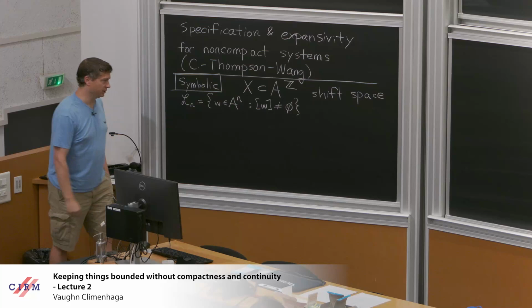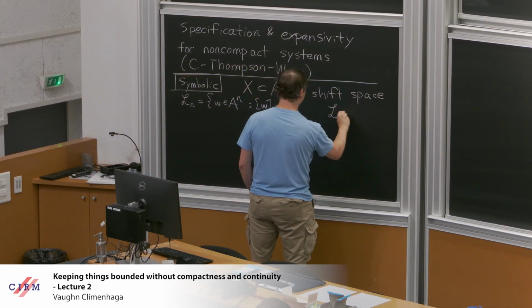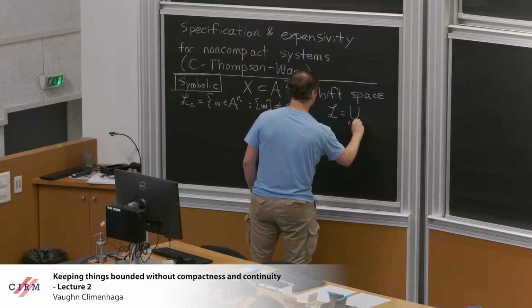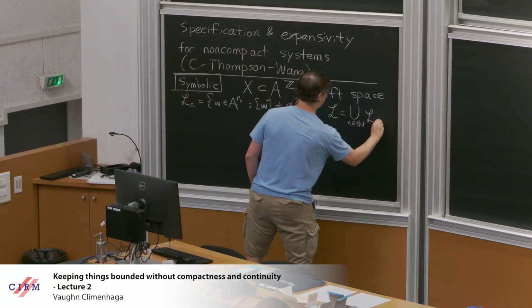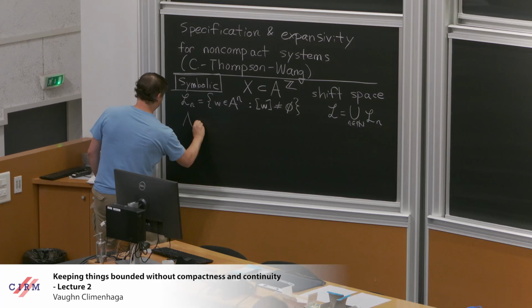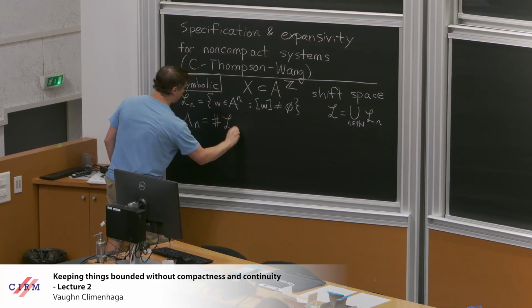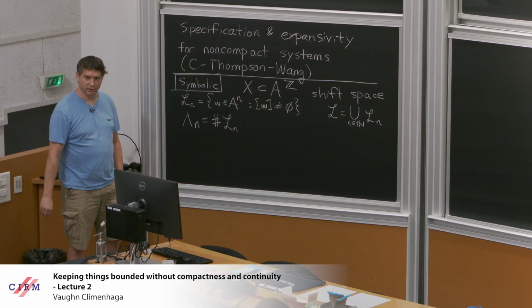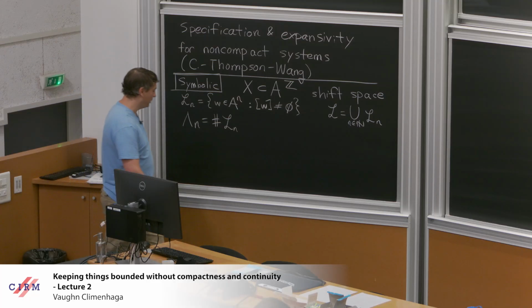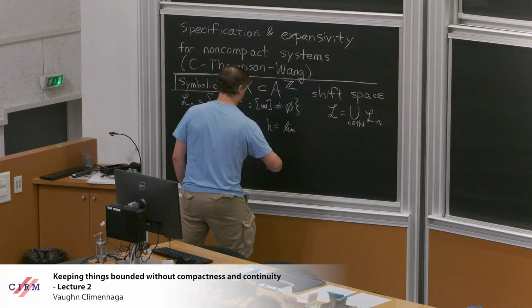So this is the part of the language that has length n, and then taking a union over all values of n, you get the entire language of the shift space. And this is the notation that I was using yesterday. Capital lambda n will denote the cardinality of the set of words of length n. And then the topological entropy is the exponential growth rate.